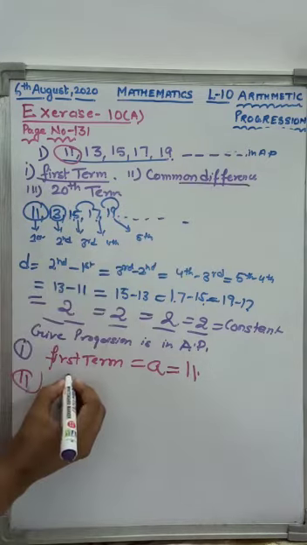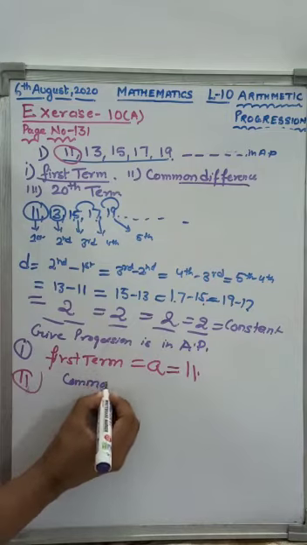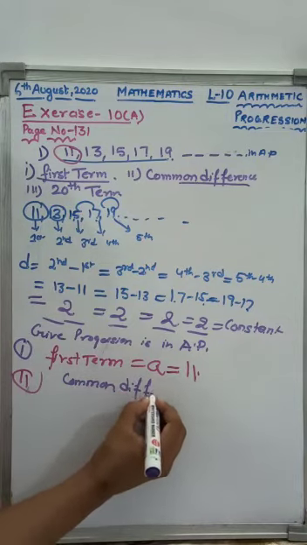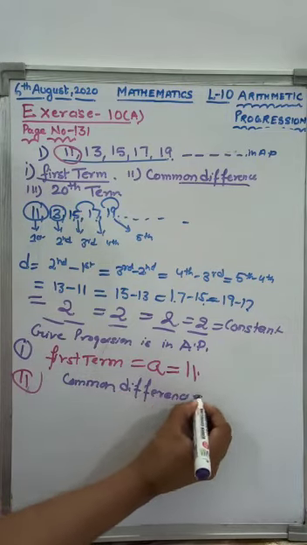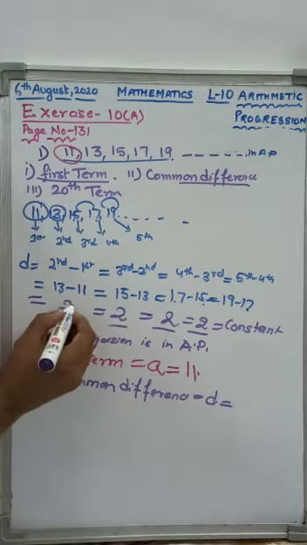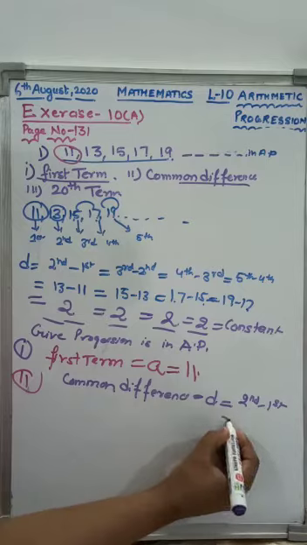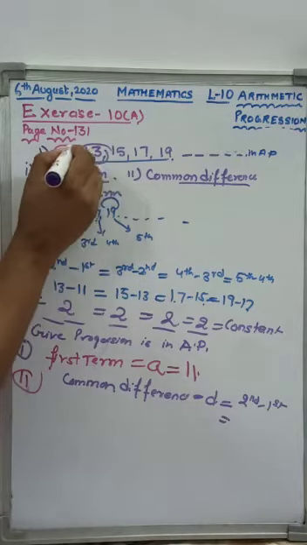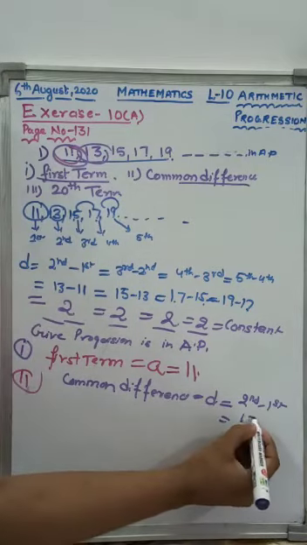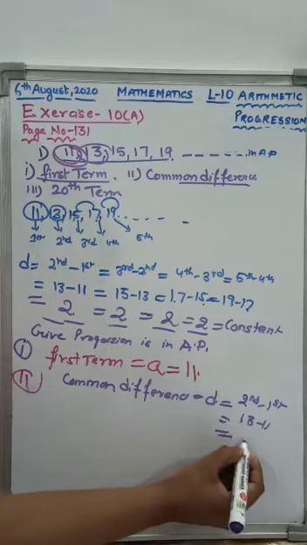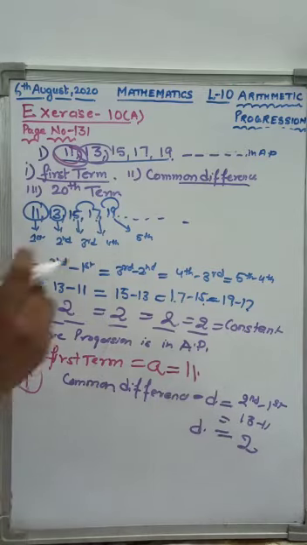Common difference is represented by small d. You have to learn the formula with the correct symbol. Small d. Just now we have taken it out. Second term minus first term. So second term is 13, first term is 11. So 13 minus 11 is 2. So common difference is 2.